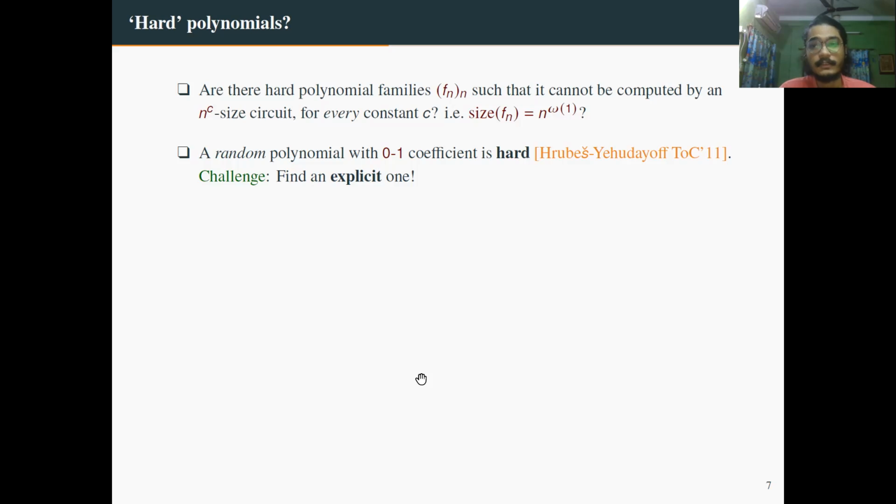Yes, any random polynomial in fact is hard, but of course the challenge is to find an explicit one. And by explicit we mean the coefficients should be easily computable. Okay, so there are many candidate hard polynomials, but one of the most important is the permanent, and the permanent is essentially the determinant without signs. There is no plus minus, all are plus.